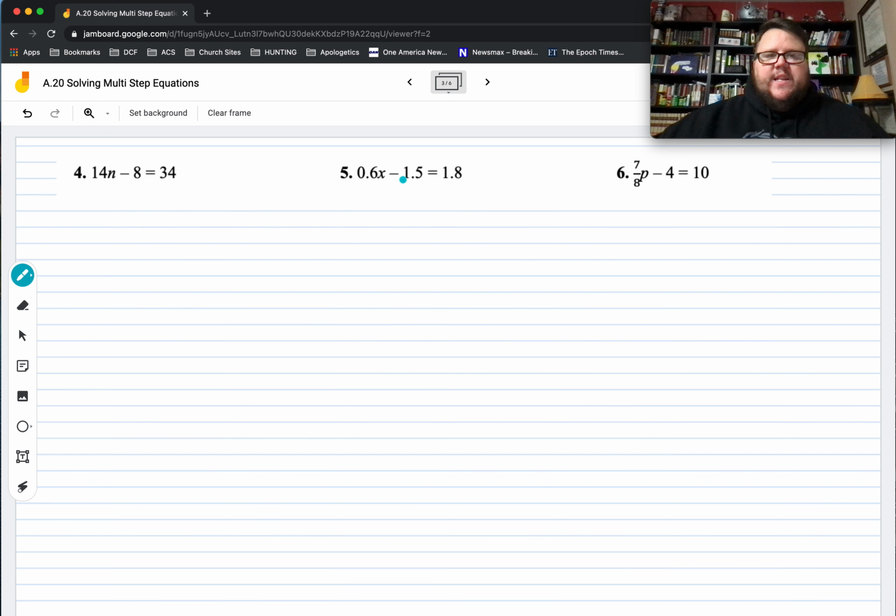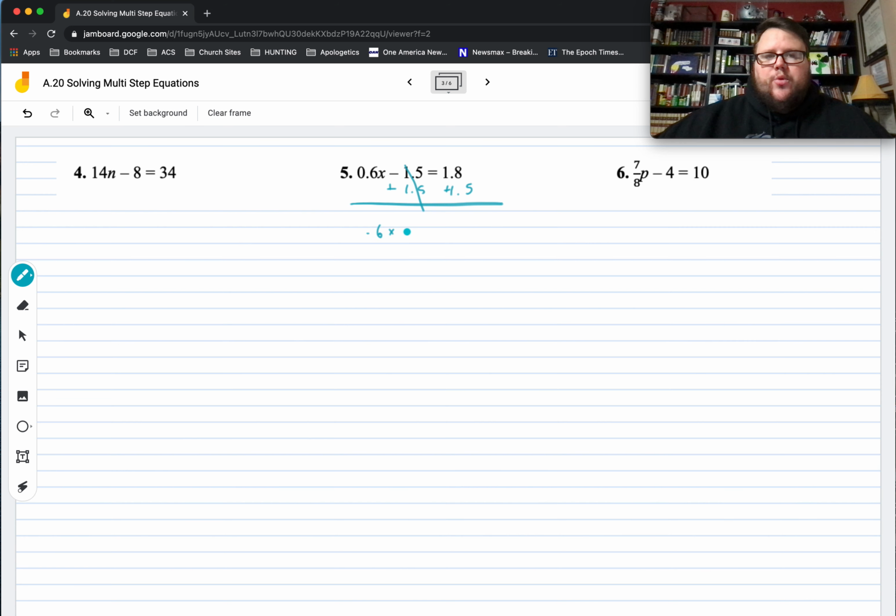I'm going to do one with a decimal here. Okay. So 0.6x minus 1.5 equals 1.8. So I'm going to add 1.5 to both sides. They cancel, so I get 0.6x.